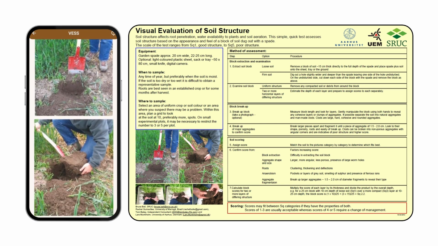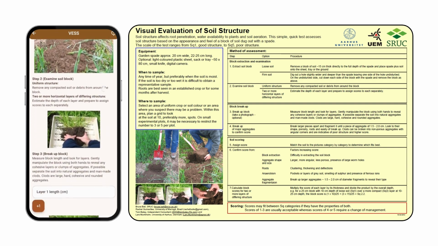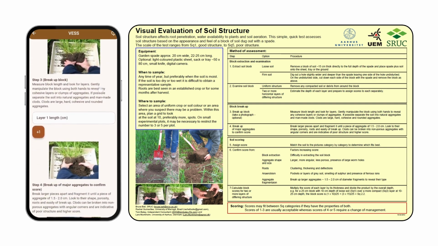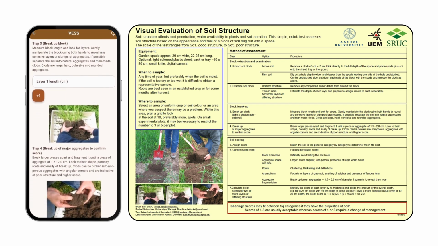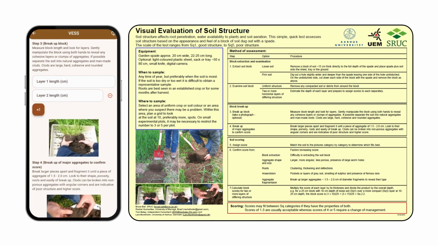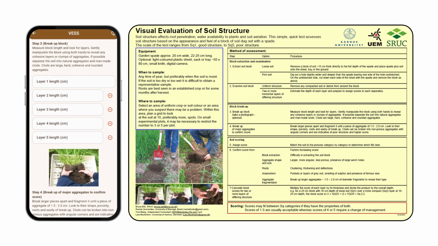And you can see it's guiding you with all the information you need and also pictures until you reach step 3, which is the first interactive part. In this part, you're supposed to determine the number of soil layers that you see in your block. By tapping on the +1, you can add more layers, up to 5 layers maximum. Why is that?